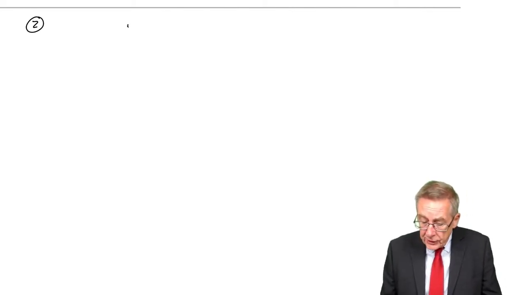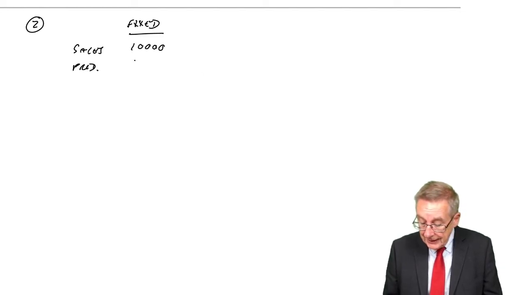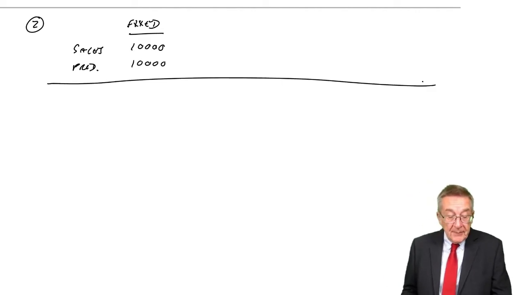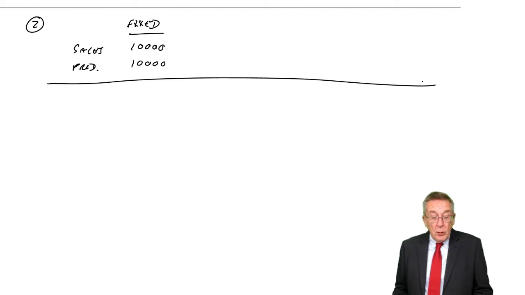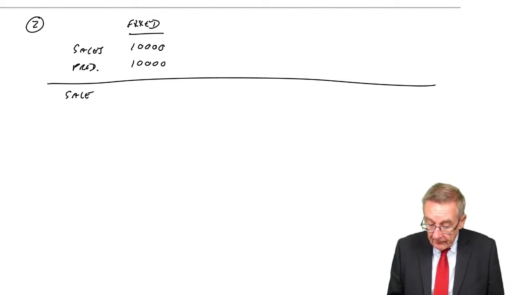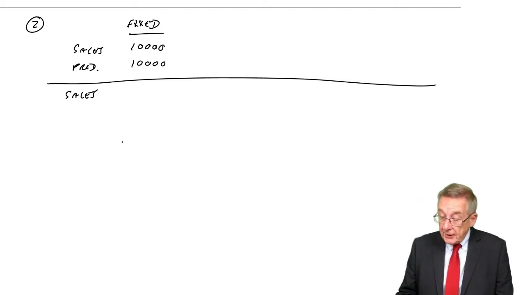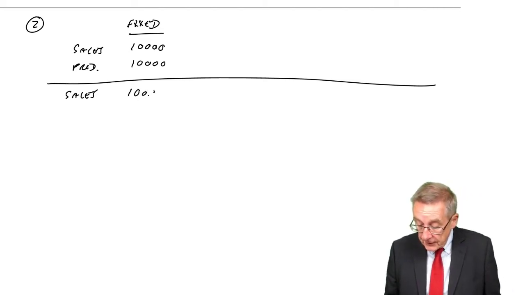First of all, our original fixed budget, we'd budgeted on sales of 10,000 units, we'd budgeted on production of 10,000 units. That's only so I don't lose track. But what we're budgeting on, we are budgeting on sales revenue. It says the budgeted selling price is $10 a unit, so 10,000 units, 100,000.